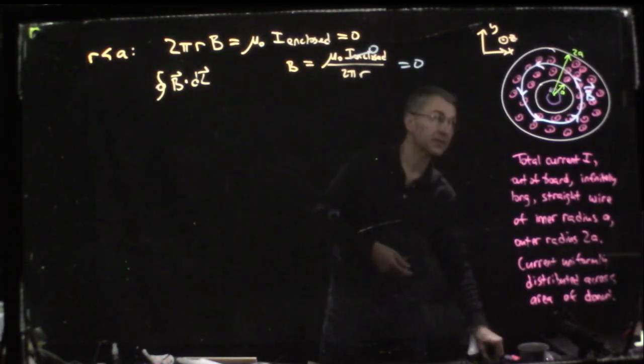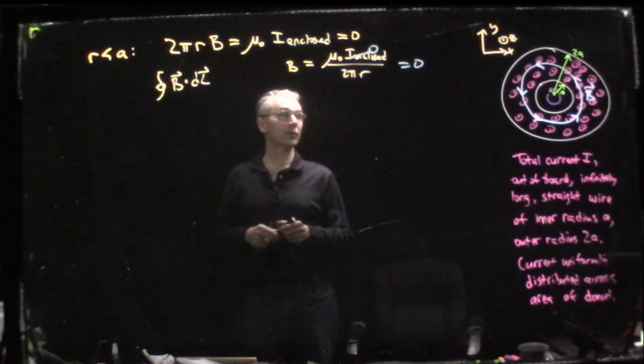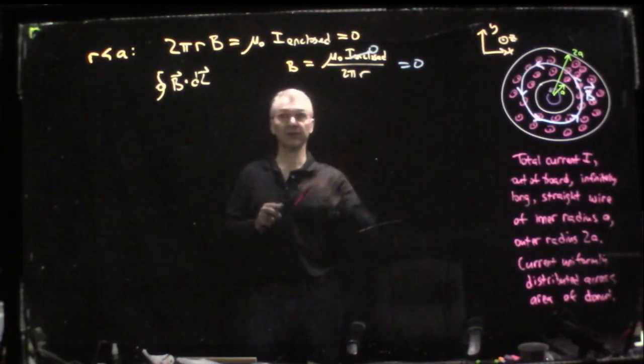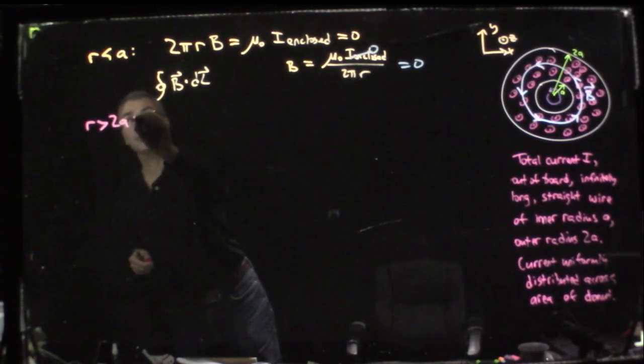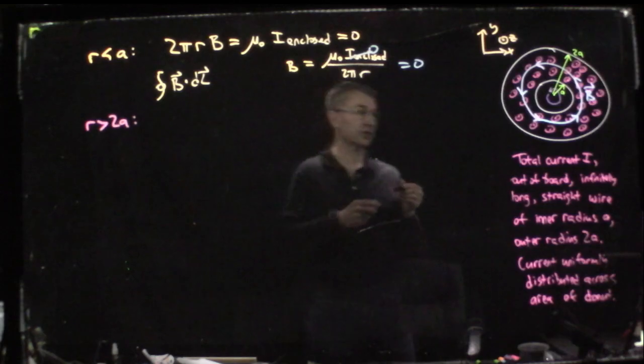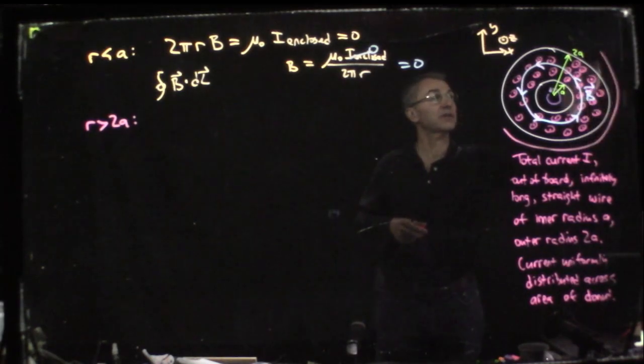Next let's do R bigger than 2A. So now our Ampere's law path is going to be out here like this.